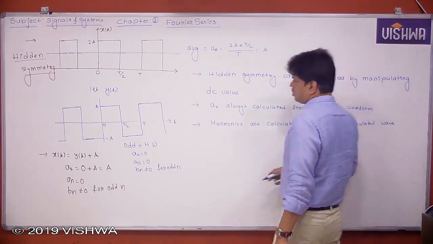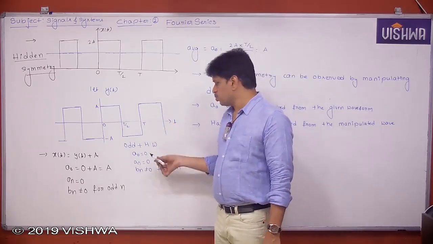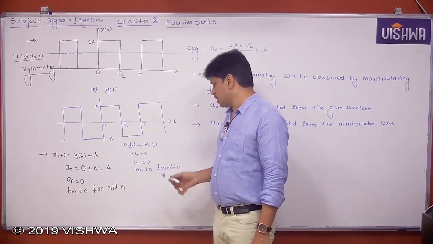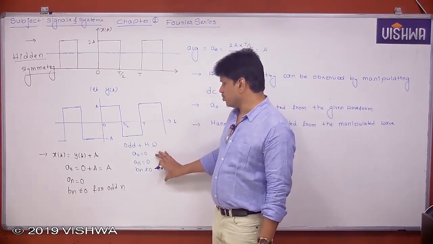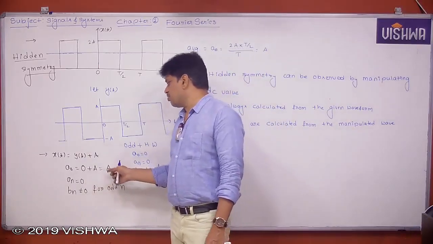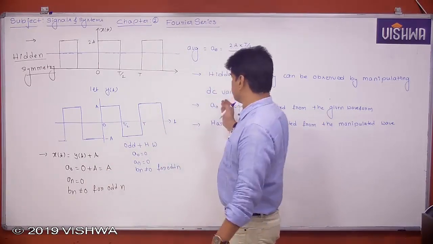Here, y of t is the manipulated wave. In that, we find out what harmonics it has: an is equal to 0, bn is not equal to 0 for odd values of n. This information we could find from the manipulated wave. The A0 value is calculated from the original waveform. That's what is said. Okay, take it.